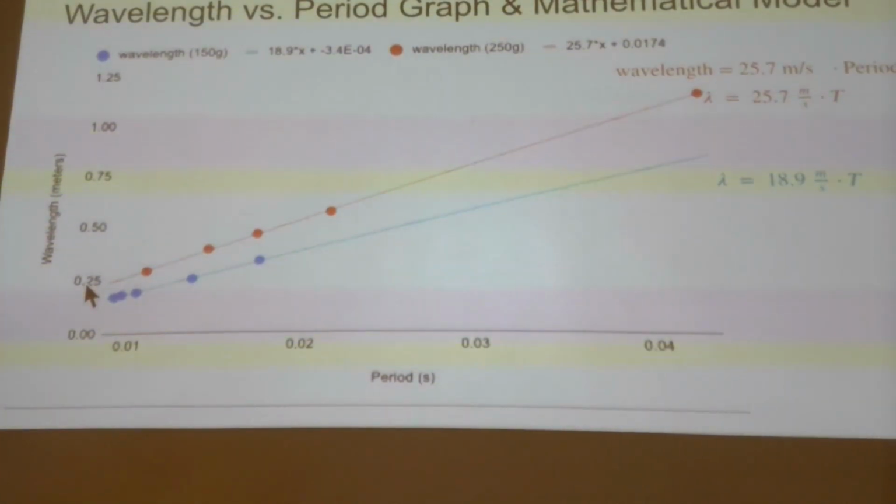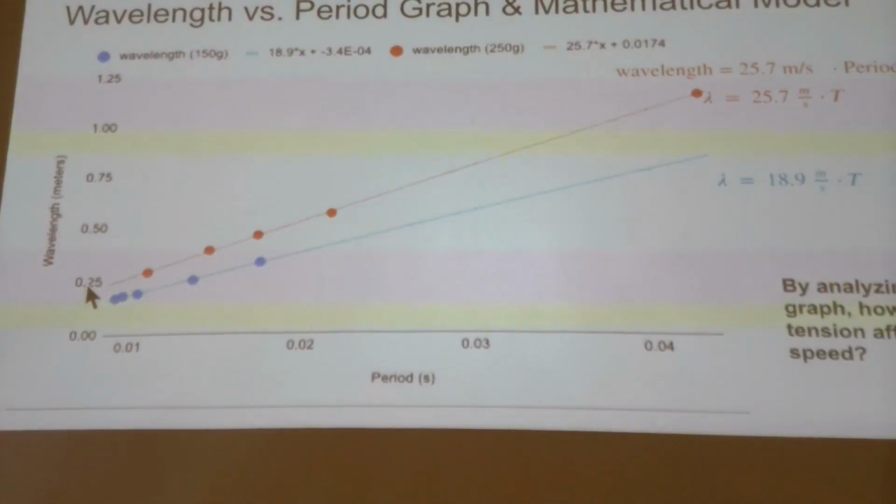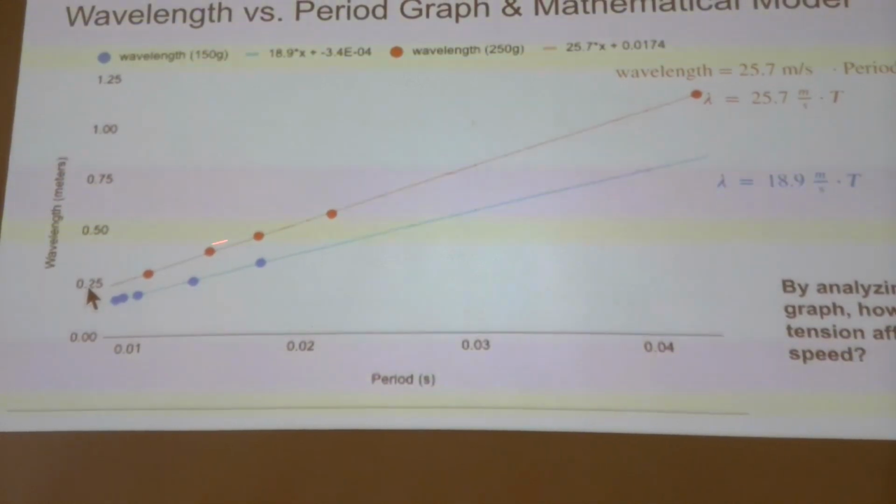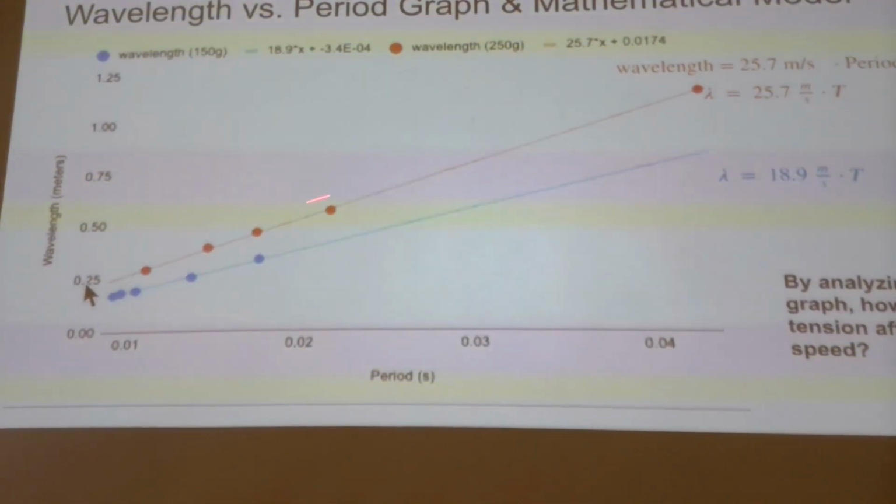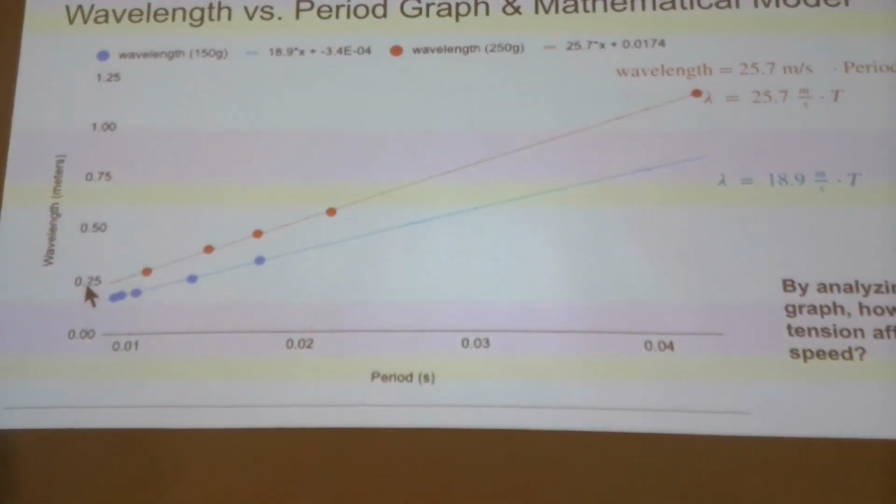Now I want you to think about, your graphs might be different, but I want you to think about the tension. I have a high tension and I have a low tension. It's based on how heavy my mass was. So I have 150 grams for blue. I had 250 grams for red. Hopefully you have that labeled in your graph.